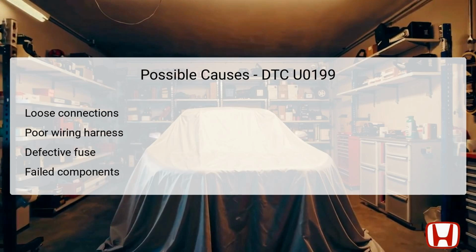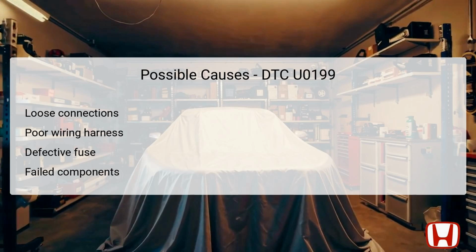When diagnosing DTC U0199, several probable causes need to be considered. Loose connections between the driver's MICU and the door multiplex can result in intermittent failures. The wiring harness, responsible for transmitting signals between components, may have poor conductivity or physical damage that worsens over time.